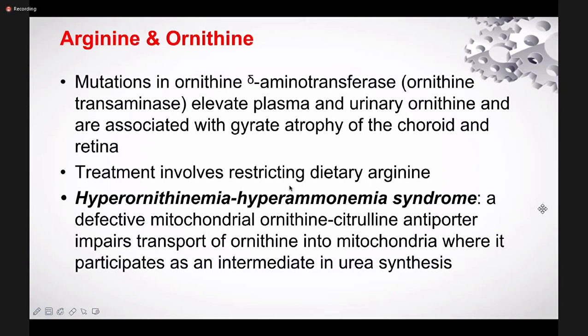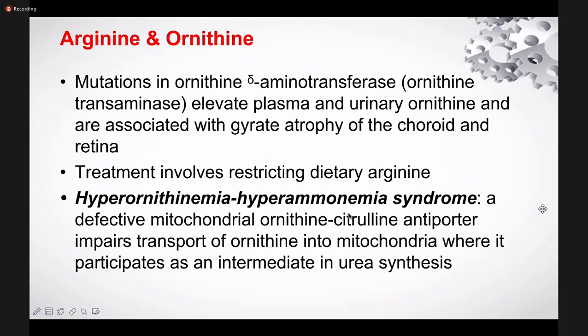There is a condition known as hyperornithinemia-hyperammonemia syndrome. If you can recall our urea cycle, in reaction number 6 there is already the formation of urea plus ornithine. The ornithine from the cytoplasm must go back inside the mitochondria.